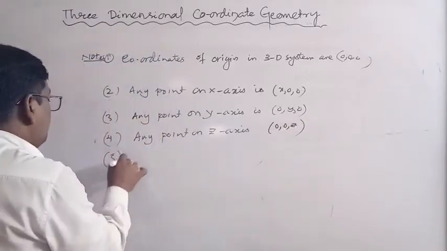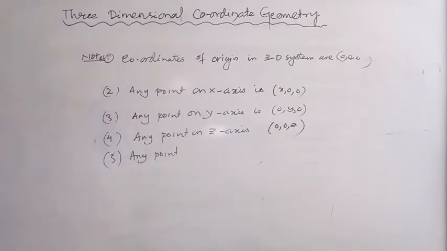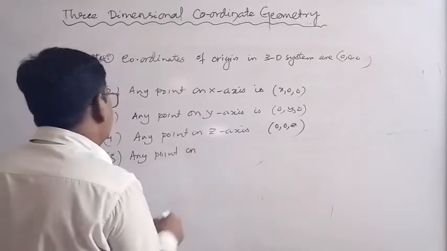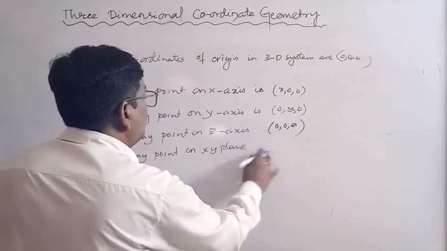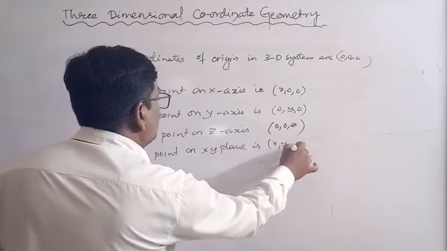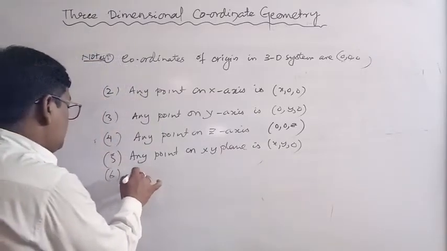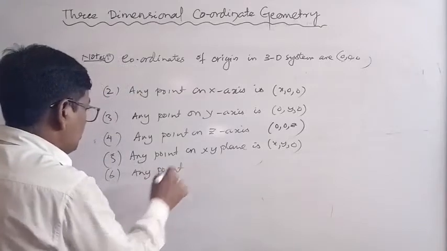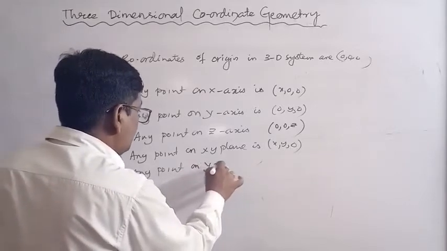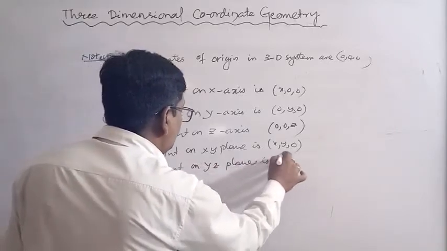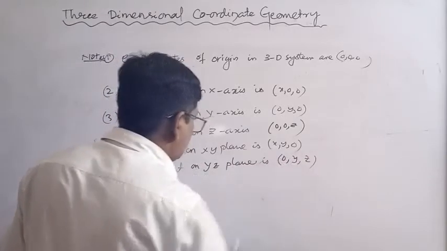Number 5, any point on the xy plane is x, y, 0. Number 6, any point on the yz plane is 0, y, z.